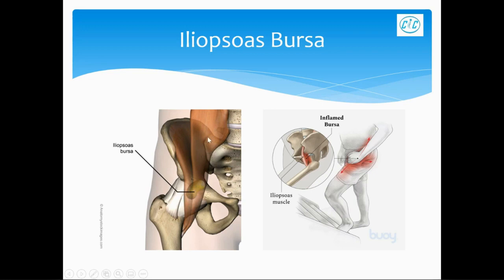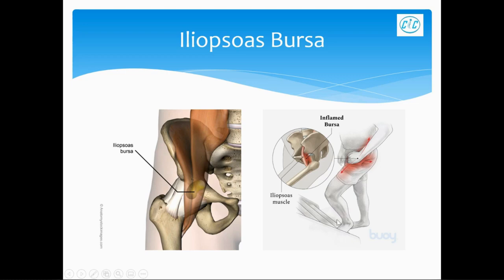When the iliopsoas muscle is tightened up and puts tension on the hip joint, the bursa, in order to protect it, is sitting right there, but under pressure it becomes irritated, and it causes what we would call bursitis, inflammation of this bursa. Inflammation of the bursa itself can cause pain, so not only is the pain due to the muscle tightness, it could be due to the bursitis that the patient is experiencing.